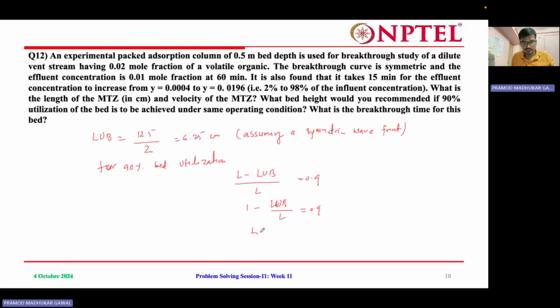So LUB here is 6.25. So L is 62.5 centimeters. So a long bed is to be used, right?